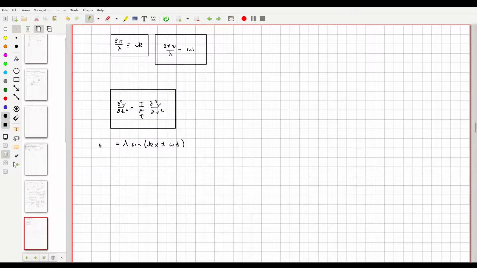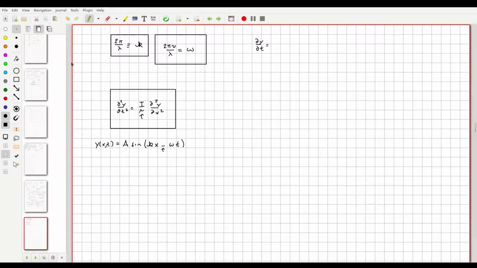So here is my y as a function of x and t. We're going to take some derivatives of it. First, a derivative of y with respect to time, which means we hold x fixed, so it's considered a constant. The derivative of sine is cosine. I'm going to choose the negative part because it's the most common one you see used, since it represents traveling to the right.